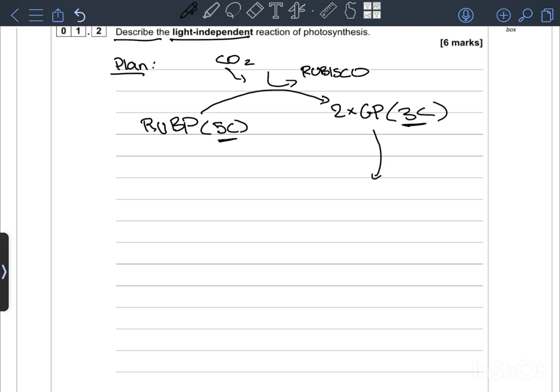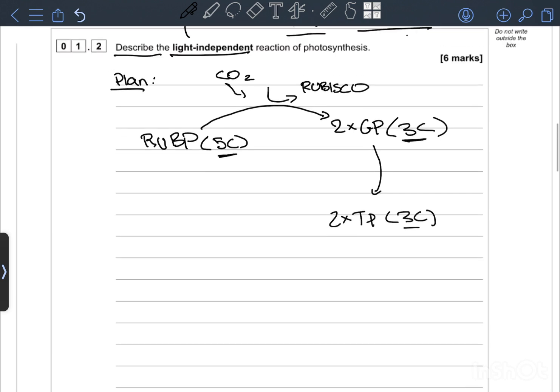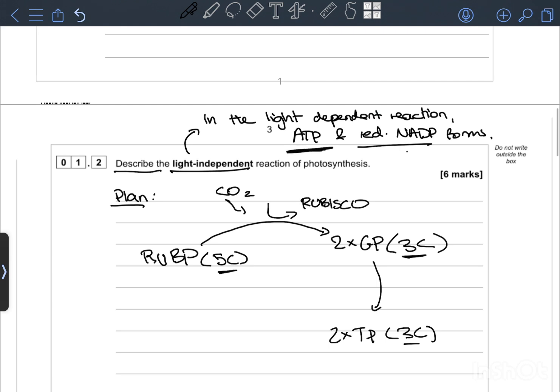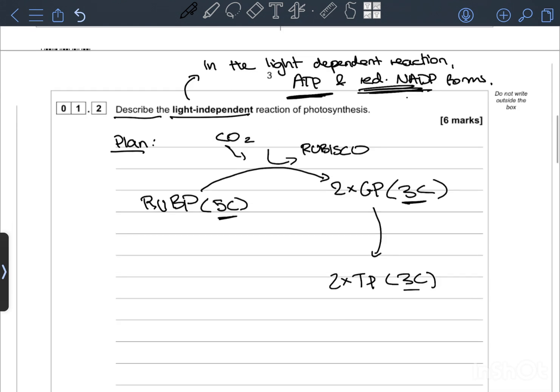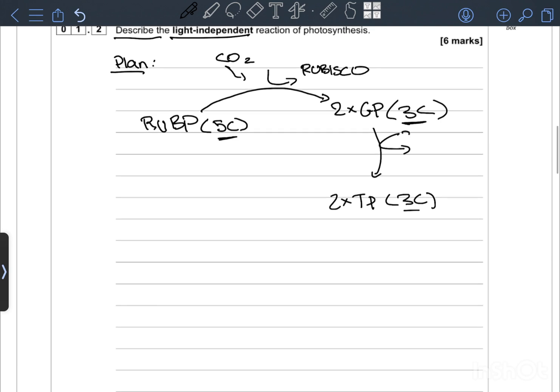After this, 2 TP molecules, triphosphate molecules, form, and these are also 3 carbon molecules. Now, what did we mention before? In the light dependent reaction we formed these 2 things. For this reaction to happen, it needs energy. So this is when 2 ATP are hydrolyzed into ADP plus the phosphate group.